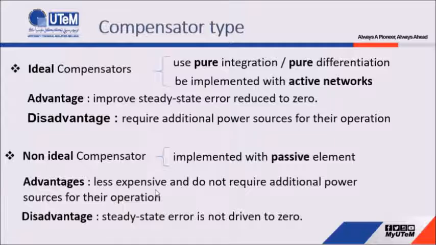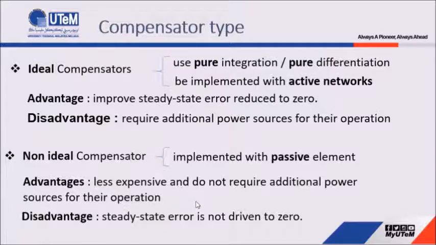You just imagine how much we pay for resistor, capacitor, and inductor. So very cheap, and it does not require an additional power source for its operation. That means in order to operate that circuit, no power source is needed. However, the disadvantage of this kind of compensator is that the steady state error is not driven to zero.